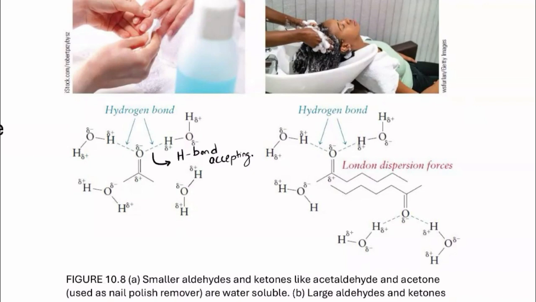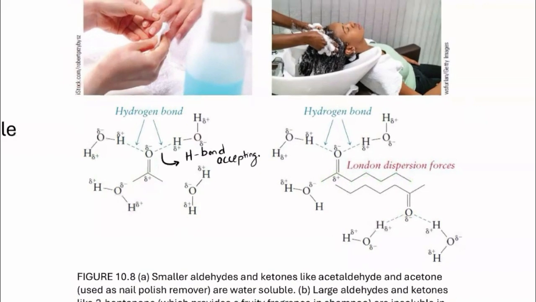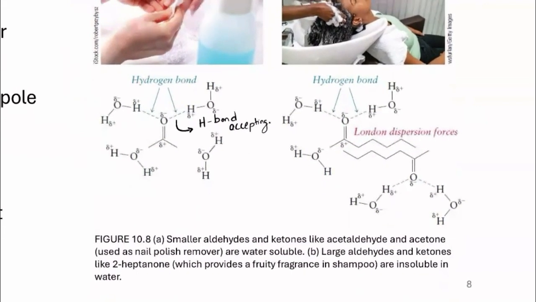So, for example, if we look at the ketone that we have here, which has 1, 2, 3, 4, 5, 6, 7 carbons, one of the things that is observed is that they do not tend to be soluble in water, even though they can potentially have hydrogen bonding events occurring as it is symbolized by these dotted lines here. And this is the reason.